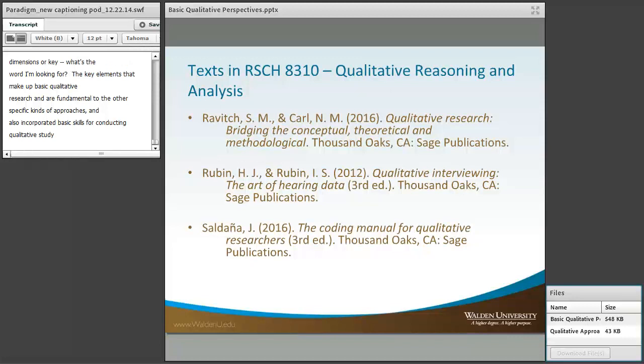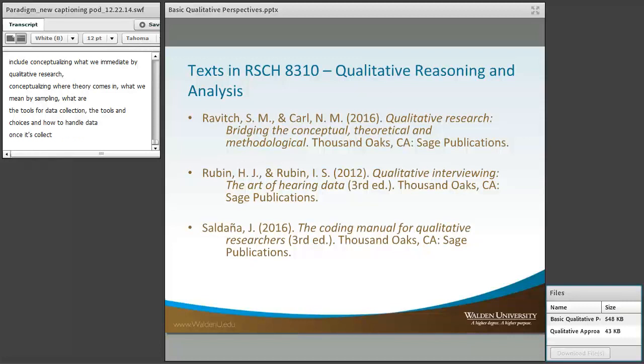So these include conceptualizing what we mean by qualitative research, where the role of theory comes in, what we mean by sampling, the tools and instruments for data collection, and then how to handle data once it's collected.